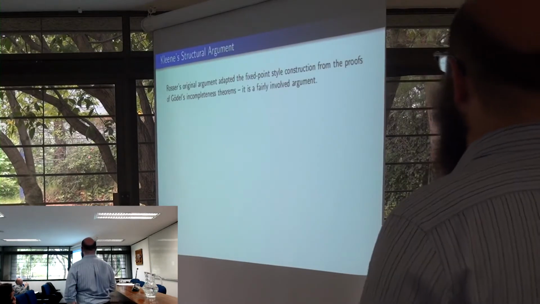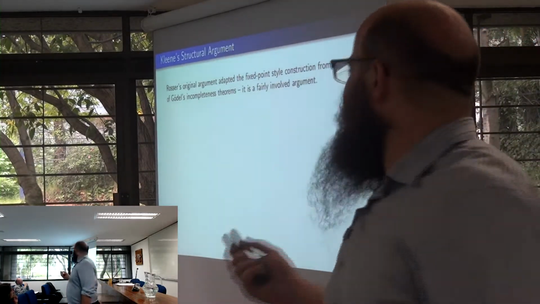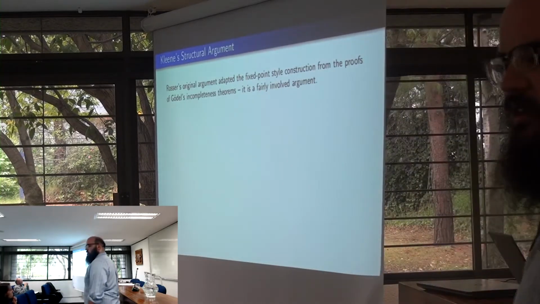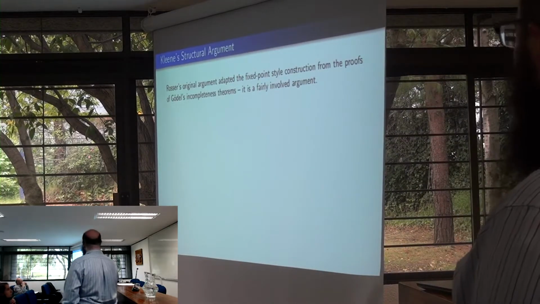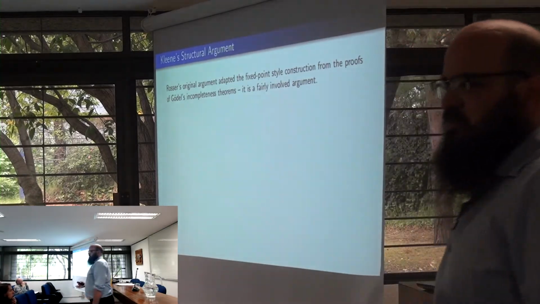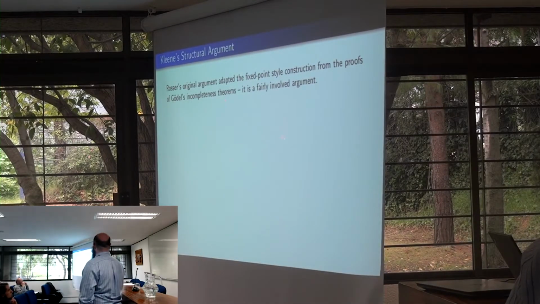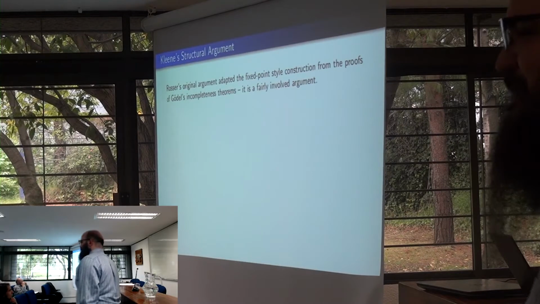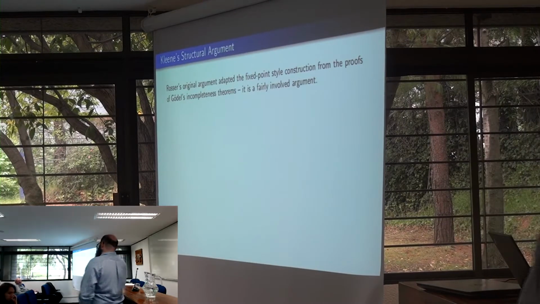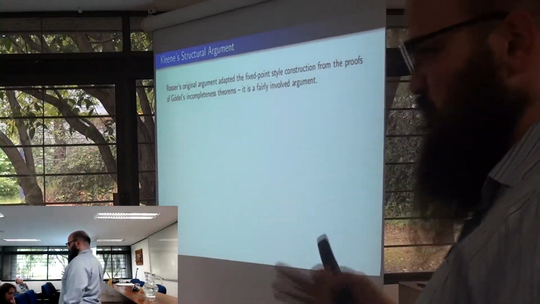The aim of the talk today is to consider variations of these theories and what I'm going to call the Kleene structural argument for essential undecidability. Rosser's original 1936 argument adapted the same fixed point construction used in Gödel's proofs, the diagonal lemma, and as we all know and have personally experienced, this is a fairly involved construction. It involves, if you're doing it the original way, the Chinese remainder theorem or other substantial machinery.